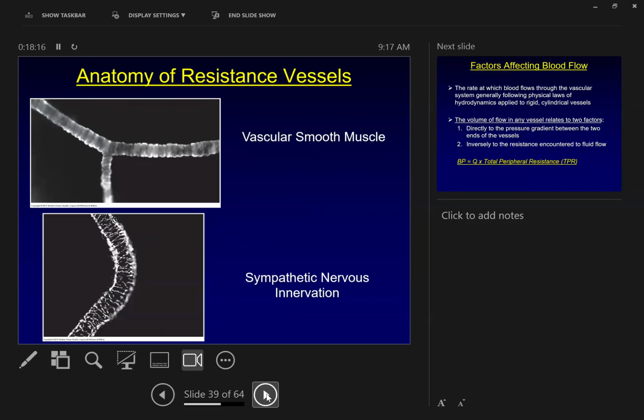What you see here in this top one, those little rings on there, the little Michelin tire man, look, that's vascular smooth muscle. These rings of smooth muscle around the vessels, okay? And then in the bottom picture, they've dissolved the smooth muscle, they've dissolved the blood vessel itself, but then they've stained and all they've left is the nerves.